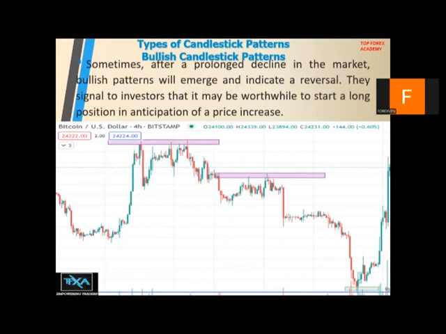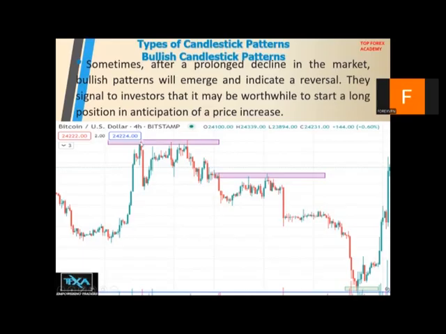Sometimes after a long decline in the market, bullish patterns will emerge and indicate a reversal. It's a signal to investors that it may be worthwhile to start a long position in anticipation of a price increase. Now, look at this very place. This is what we are saying.